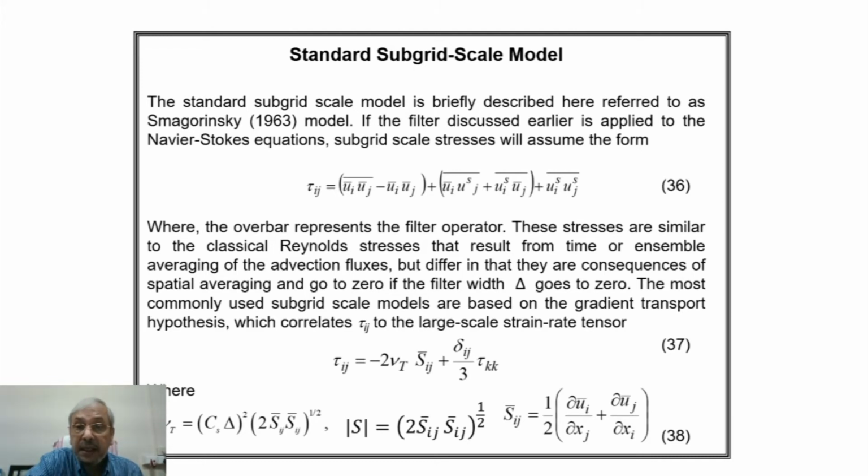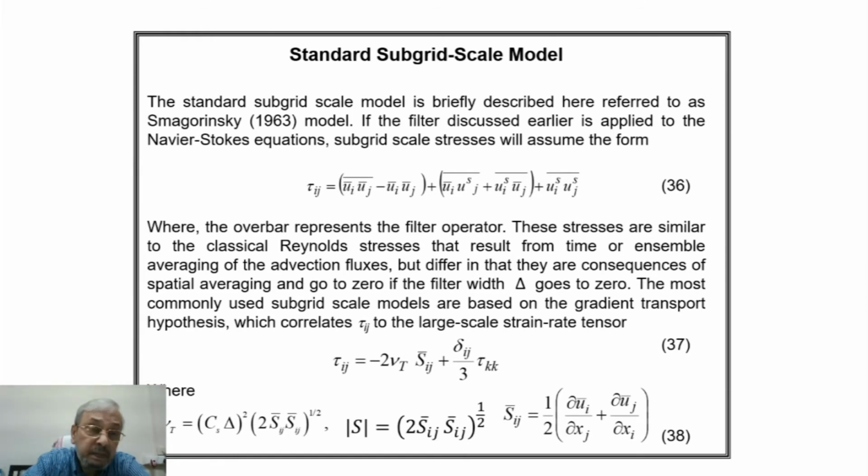If the filter discussed earlier is applied to the Navier-Stokes equations, subgrid stresses will assume the form I have already said, basically ui bar uj bar over bar minus ui bar uj bar plus ui bar us... plus us uj bar over bar plus us us over bar, where the over bar represents the filter operation.